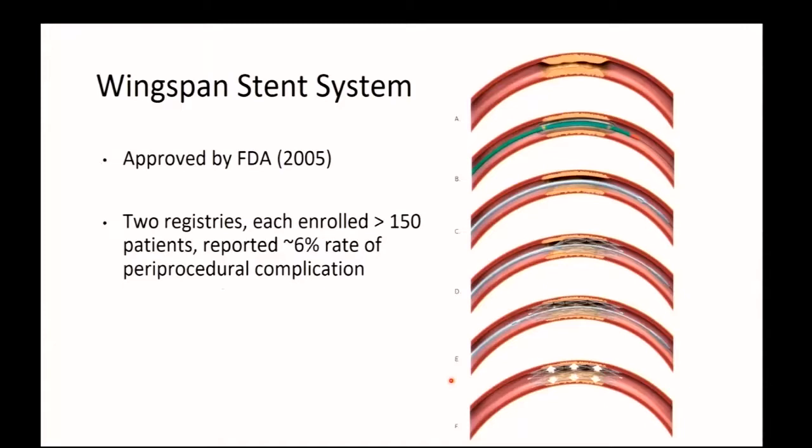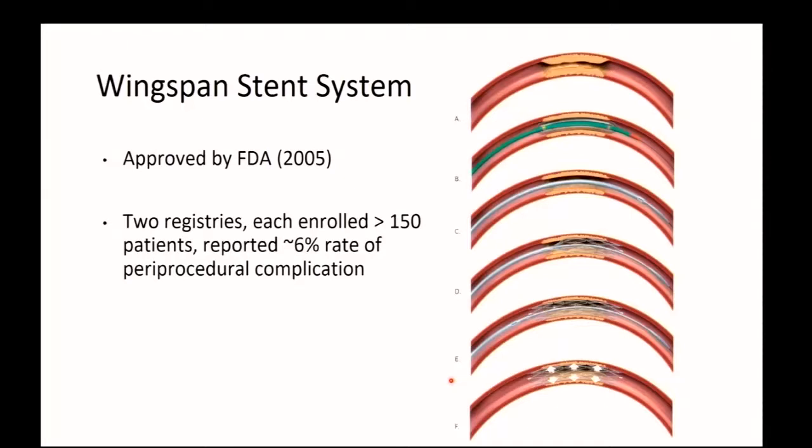The WASID trial was published in 2005, and by 2005, the medical device industry was in a good place. We had something called the Wingspan stent system. It was just approved by the FDA in 2005. They had 2 registries, each enrolled more than 150 patients, and they reported maybe a 6% rate of periprocedural complications.